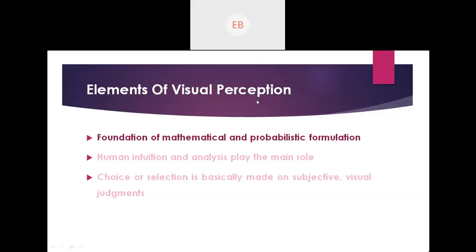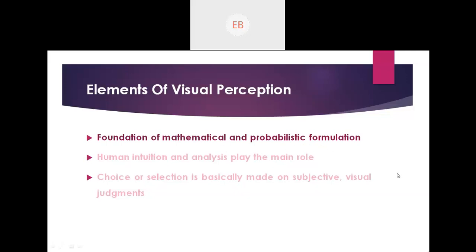Okay. So in visual perception, we talk of the field of digital image processing. And the field of digital image processing is built on the foundation of mathematical and probabilistic formulation.